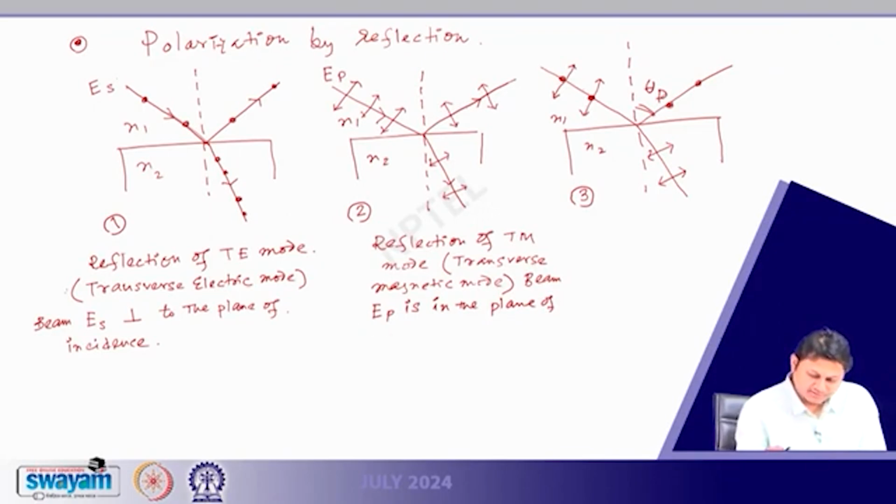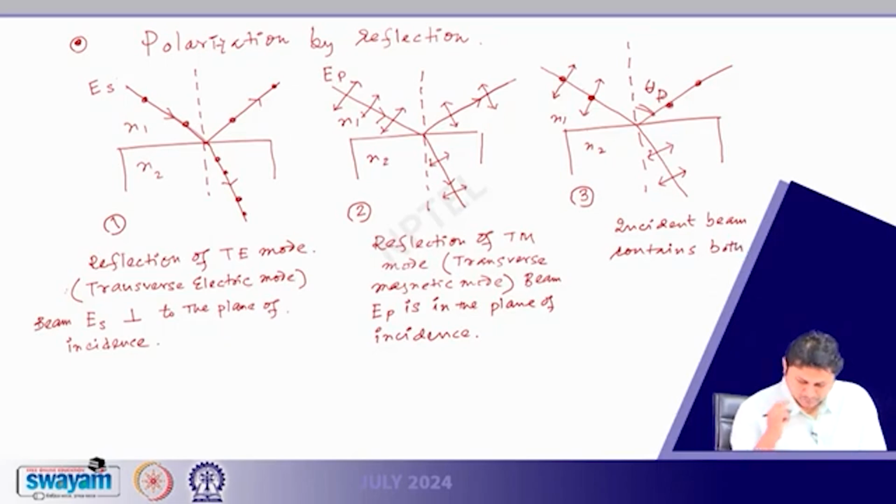It is parallel to the plane of incidence. And in this case, the incident beam contains both polarizations.